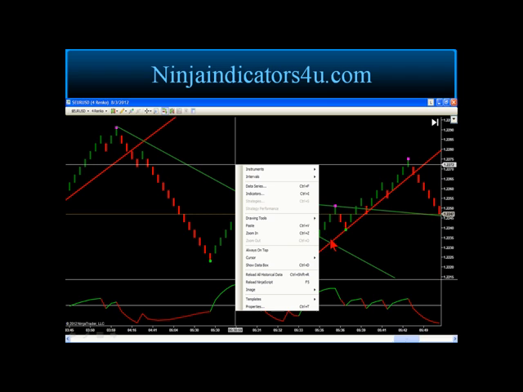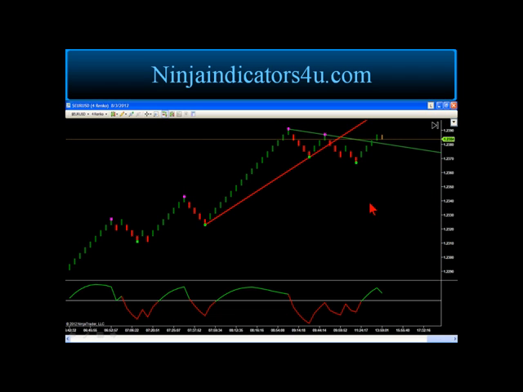So it enabled me to go long much sooner than if I would have waited for the trend line at this point. Now, if you recall, I mentioned earlier that every cross of a trend line doesn't result in a significant move, and every significant move is not preceded by a trend line.